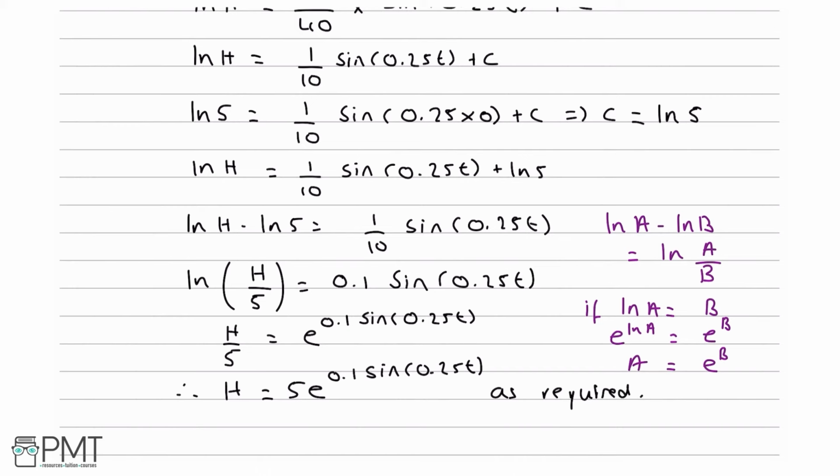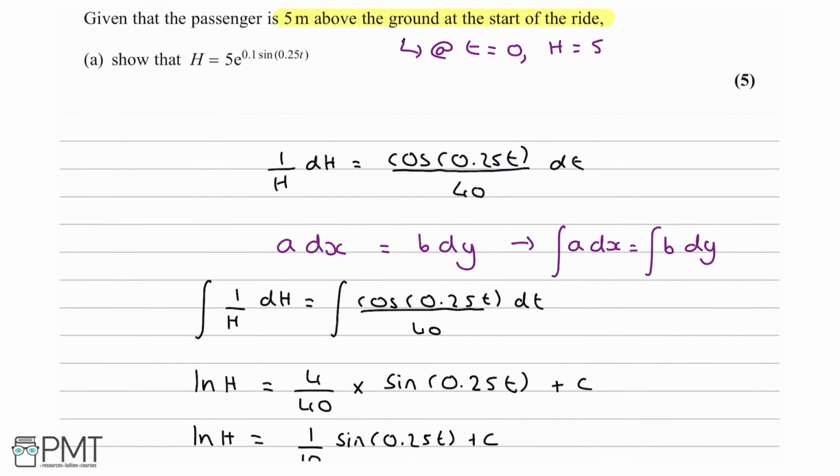So this question is worth 5 marks. Your first mark comes from getting this line here, that is rearranging your h and your dt and knowing you need to take the integral of both sides. Your next 2 marks come from this line, which means you have correctly integrated 1 over h and cosine 0.25t all over 4t. You need to have your plus c.